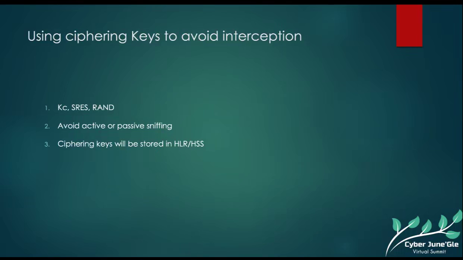There are some types of ciphering keys like KC, SRES, and RAND or random number in the radio access network, which harden a radio network to avoid active sniffing, and they are always stored in a Home Location Register or HLR or HSS in the core network.